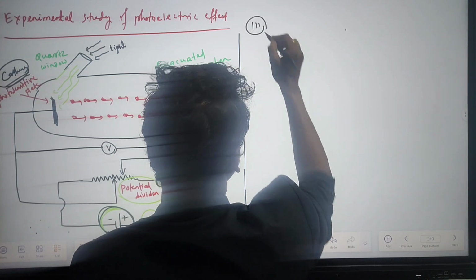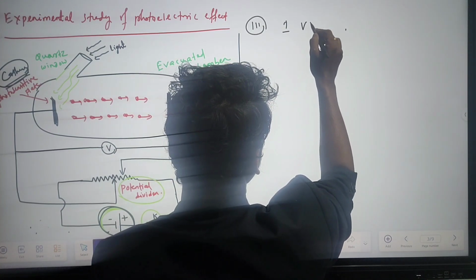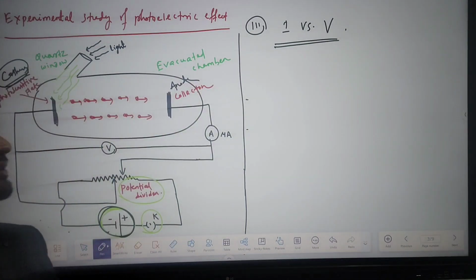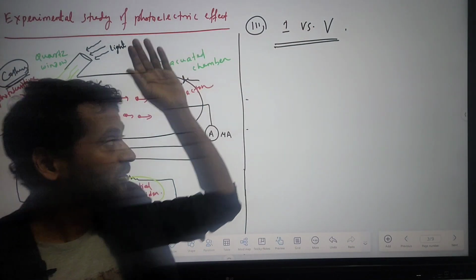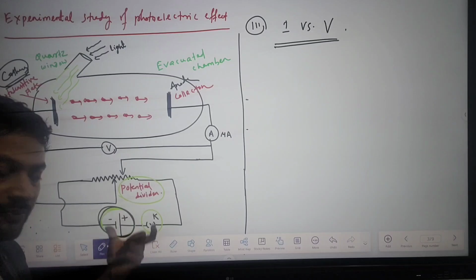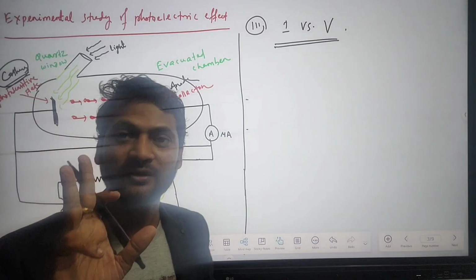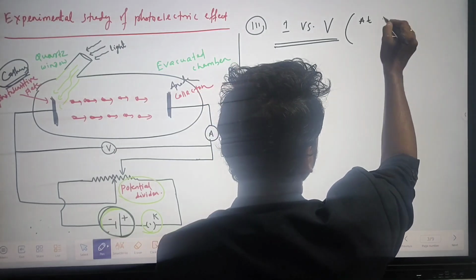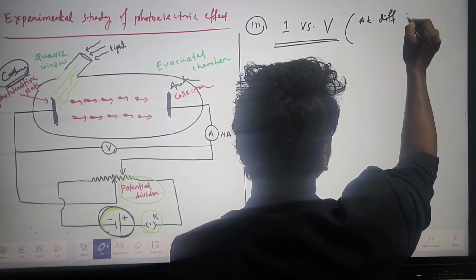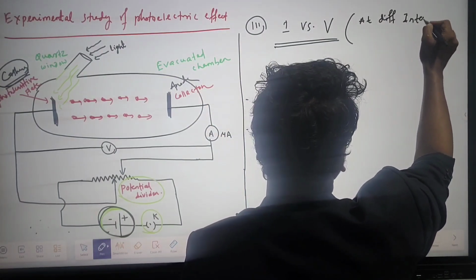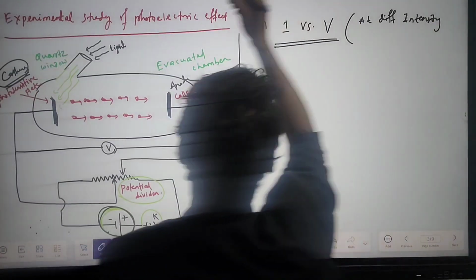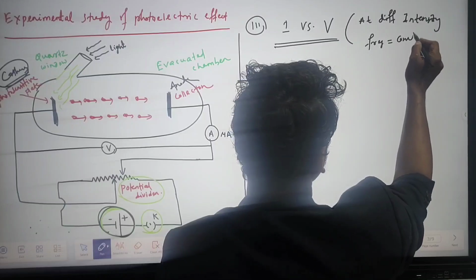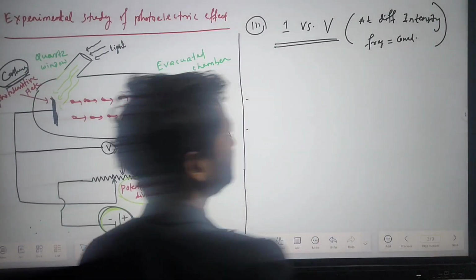Next is third graph. What is the variation of photocurrent with respect to anode potential? Well, this is very important. But at two different conditions. The first condition is at different intensity of light, keeping frequency as constant or fixed.